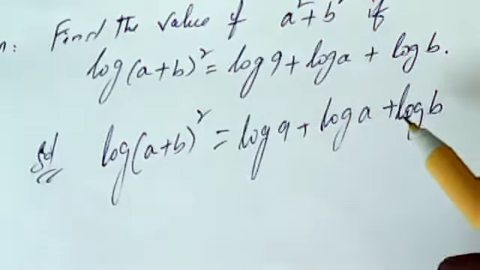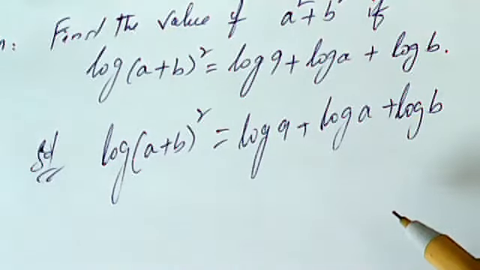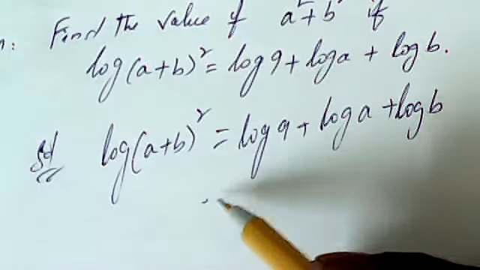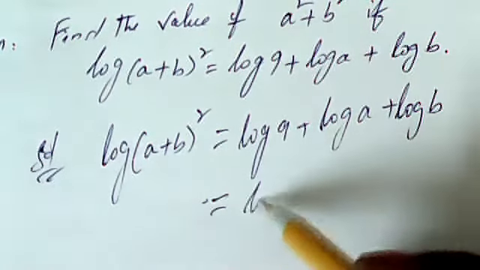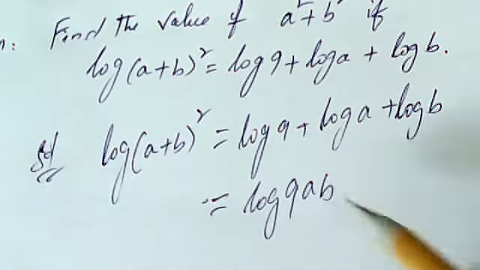So we have the product rule: log ab is equal to log a plus log b. This equals log 9ab.